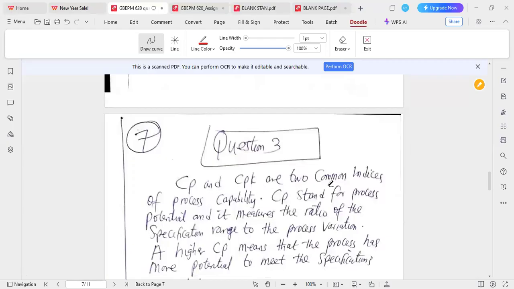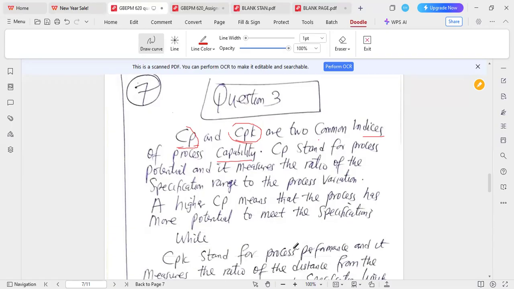CP and CPK are the two common indices of process capability. CP stands for process potential and it measures the ratio of the specification range to the process variation.